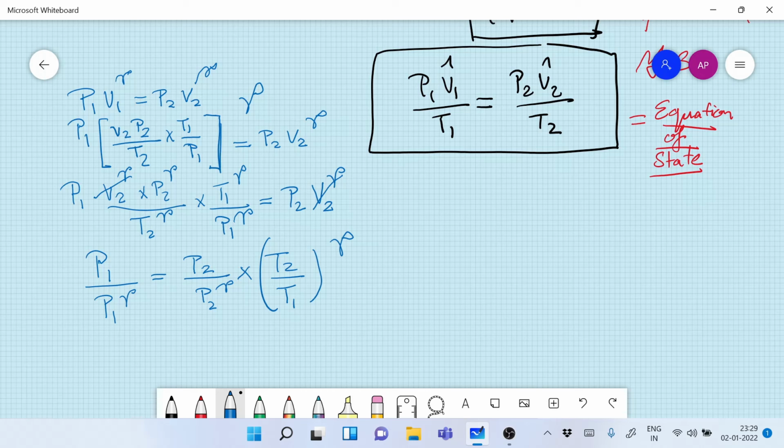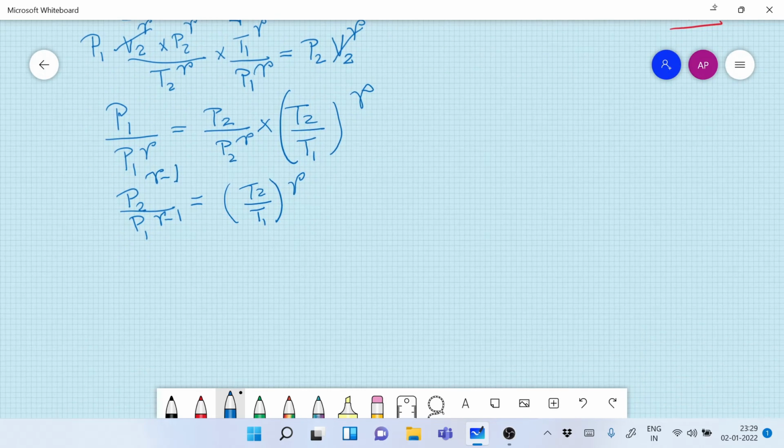Now this is P2 the whole raised to gamma minus 1 upon P1 the whole raised to gamma minus 1 is equal to T2 by T1 the whole raised to gamma. And therefore we get P2 by P1 is equal to T2 by T1 the whole raised to gamma upon gamma minus 1.